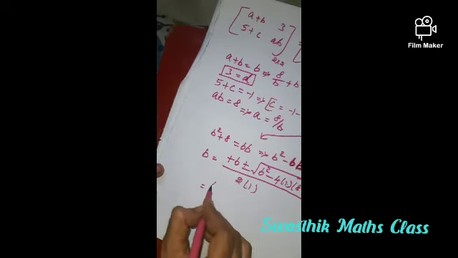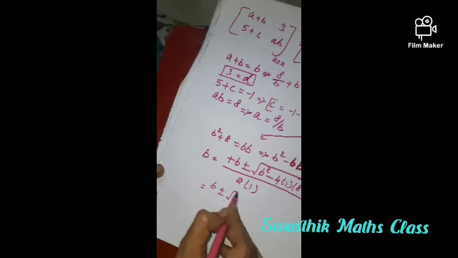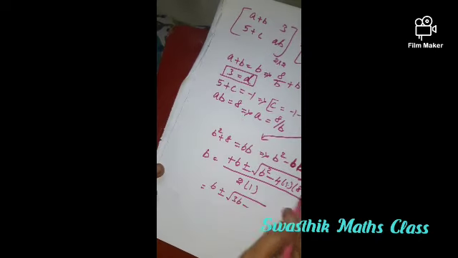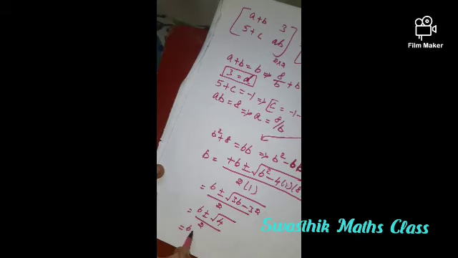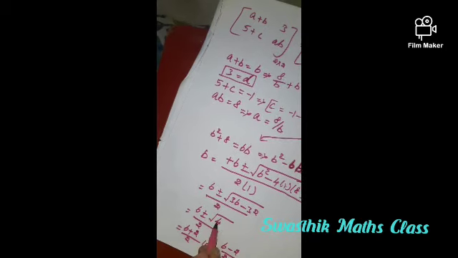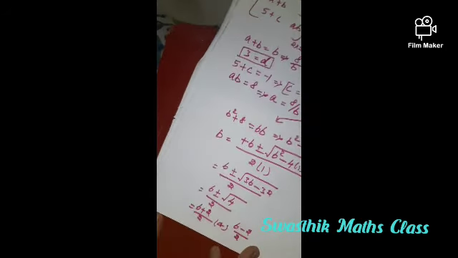So it is equal to 6 plus or minus root of 36 minus 8 fours are 32, divided by 2. Therefore, it is 6 plus or minus root of 4 divided by 2. When you take the square root of 4, it becomes 2.